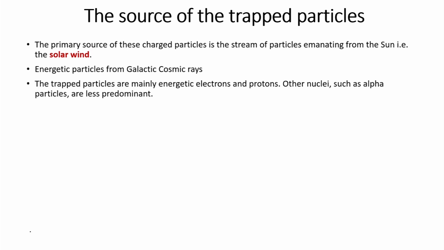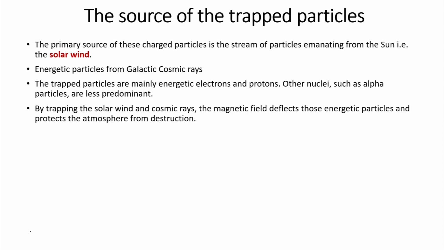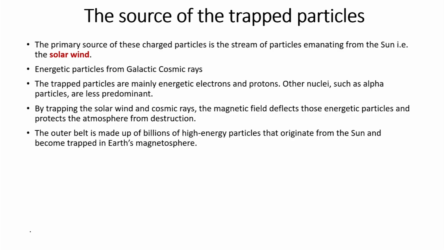Basically the trapped particles are mainly energetic electrons and protons. Other nuclei such as alpha particles are also there, but they are less dominant. By trapping the solar wind or the cosmic rays, the magnetic field deflects those energetic particles and protects the atmosphere from destruction.